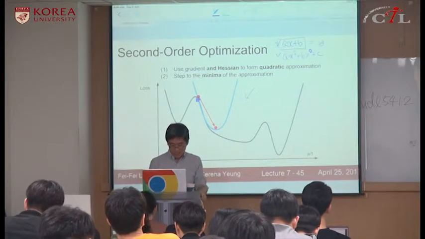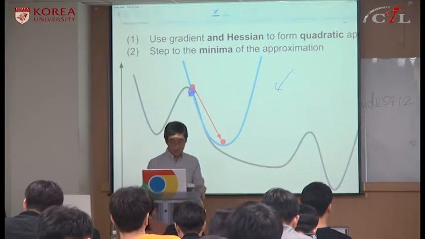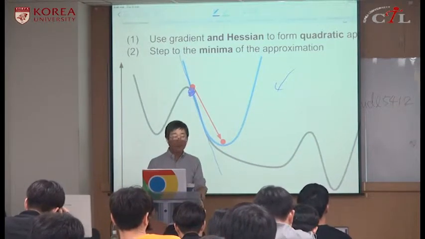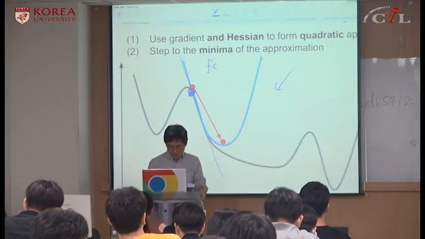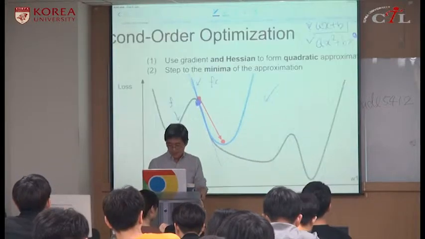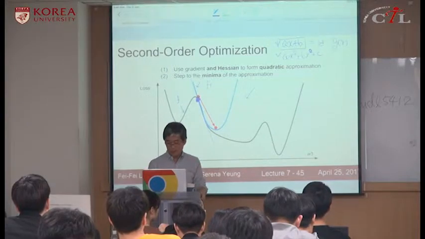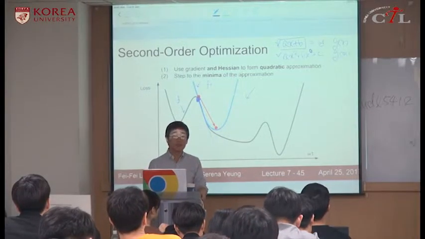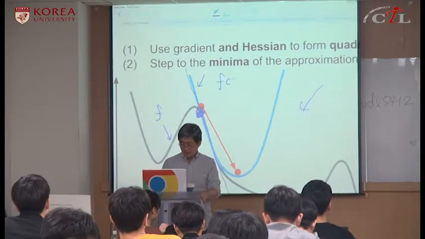Okay? So in this case, suppose we just approximated this complex graph as a single line. Suppose we approximate this function as g.